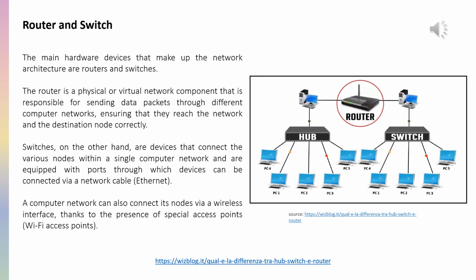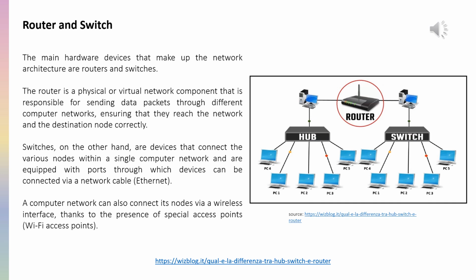Router and switch. The main hardware devices that make up the network architecture are routers and switches. The router is a physical or virtual network component that is responsible for sending data packets through different computer networks, ensuring that they reach the network and the destination node correctly.